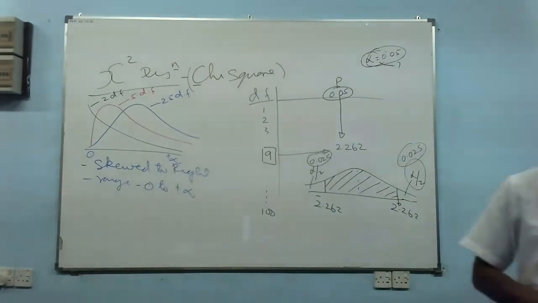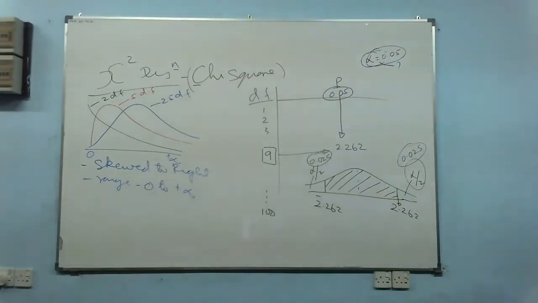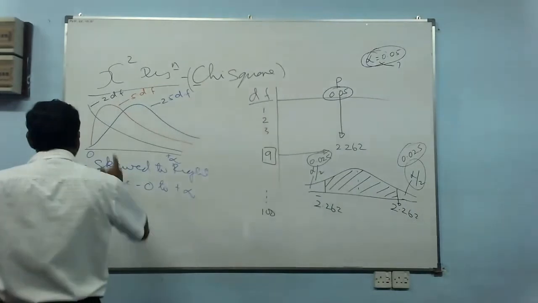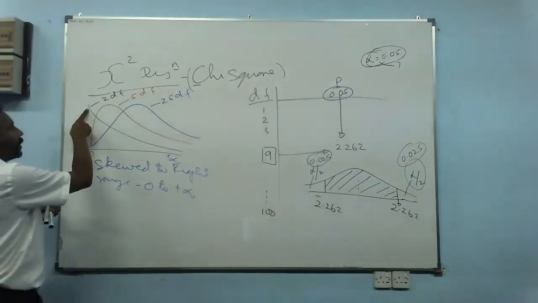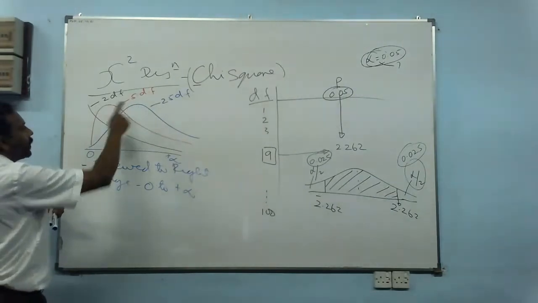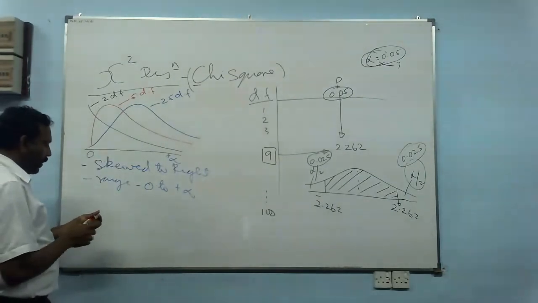One more point. Here in the chi-square distribution, look at here, this is for degrees of freedom 2, this is degrees of freedom 5, this is degrees of freedom 25.